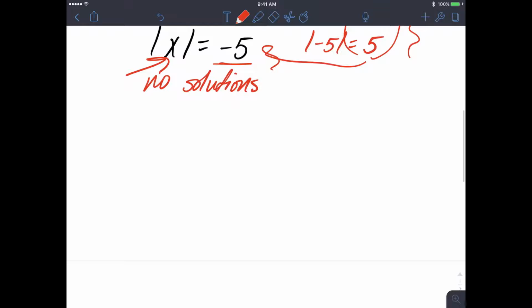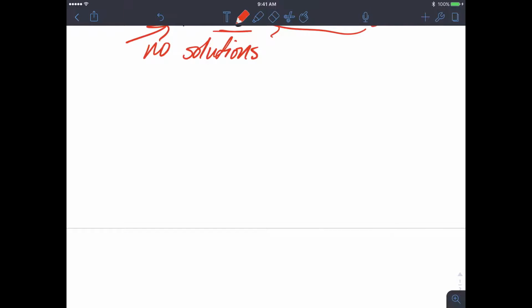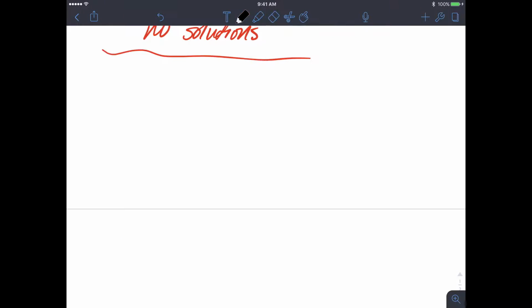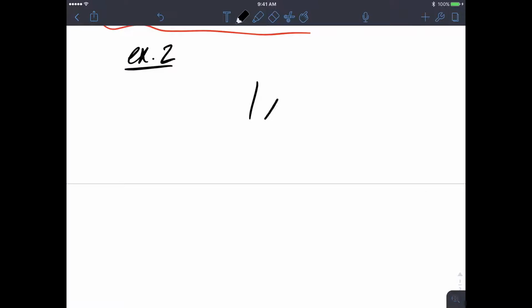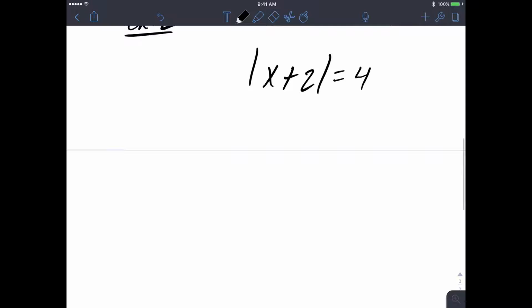So let's go ahead and start with the equations. And we'll call this example 2. The absolute value of x plus 2 equals 4. Okay?